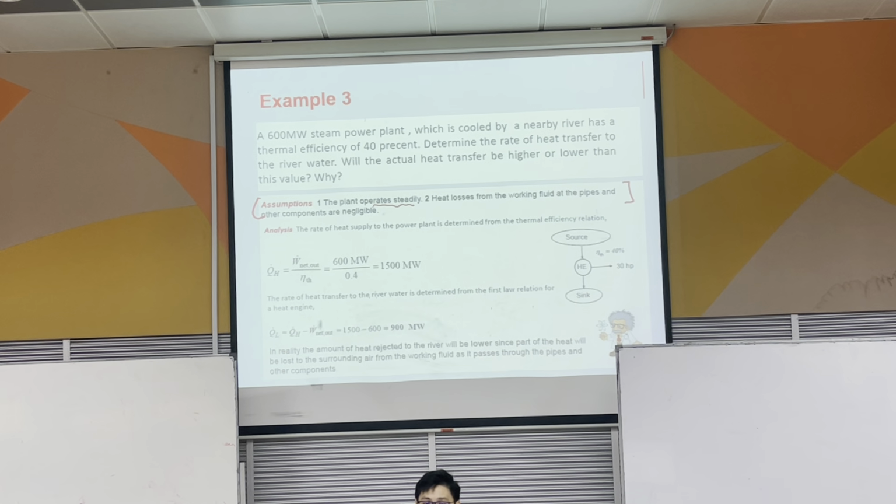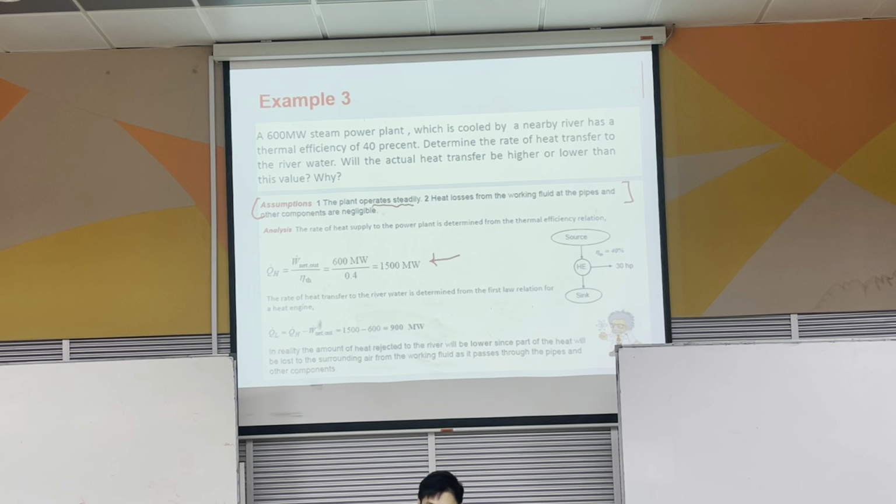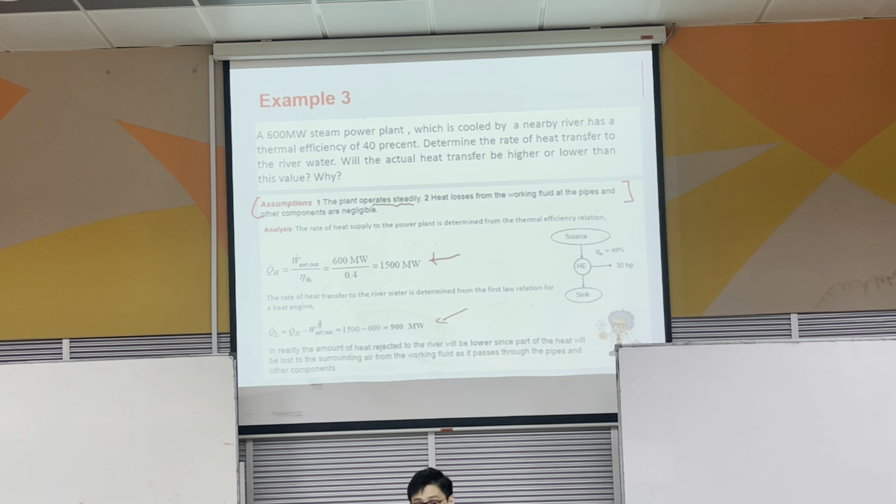Based on this question, we can use the work output and the thermal efficiency to calculate the QH, or Q in. For the rate of heat transfer to the river, we can use the other way around, meaning QH minus work net, in order to get the heat rejection to the river or surroundings. In this case, it's river water. So 1500 is the heat you supply, 600 is what you get, 900 is how much you reject.